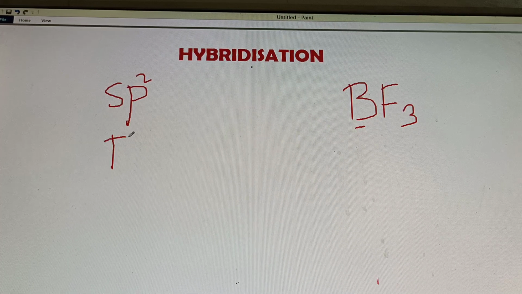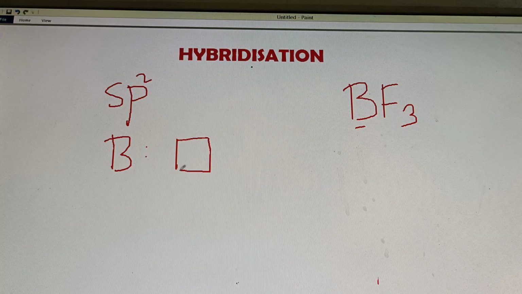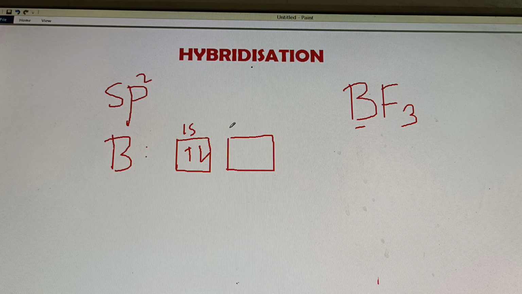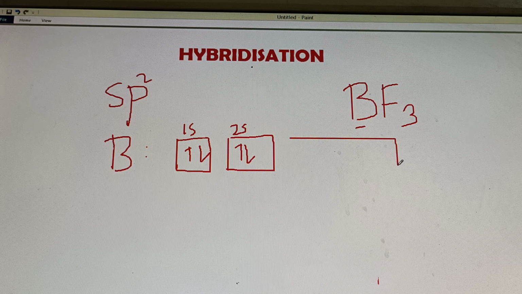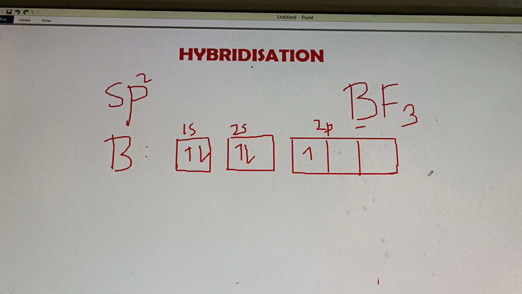In boron we know that the electronic configuration is 1s2, 2s2, 2p1, right? Now intermixing will occur between 2s and 2p because it's sp2 hybridization.